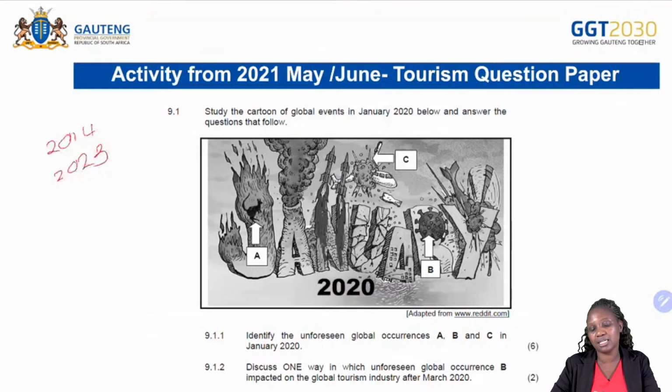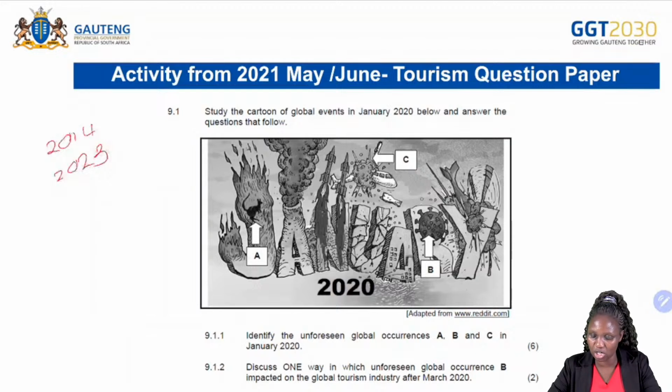All right, let's check it. Question 9. Study the cartoon on global events in January 2020 below and answer the questions that follow. This is a cartoon. Just look at it. Look at A. Look at B, C, D, and E. Okay, look at all this. And then the question is going like this. 9.1.1.